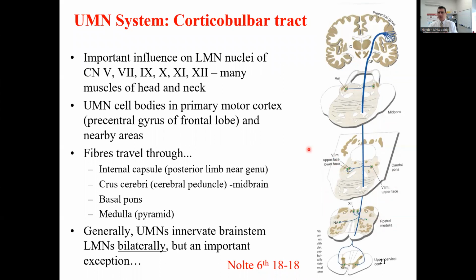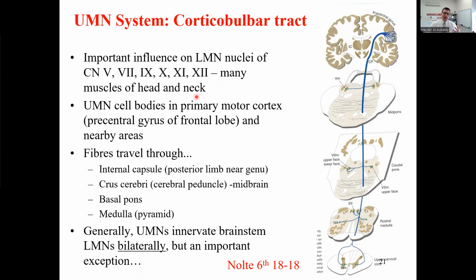So again, quickly, the corticobulbar tract has important influence on the lower motor neuron nuclei of the cranial nerves with motor function. This specifically includes trigeminal, facial, glossopharyngeal, vagus, accessory, and hypoglossal, which control many muscles of the head and neck.